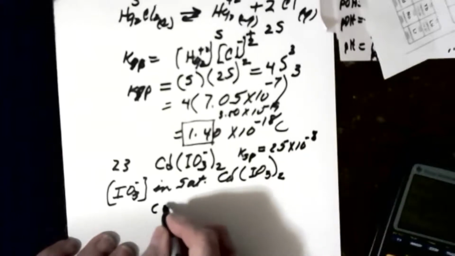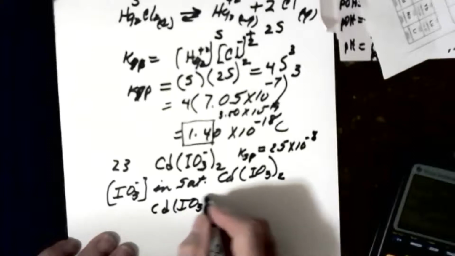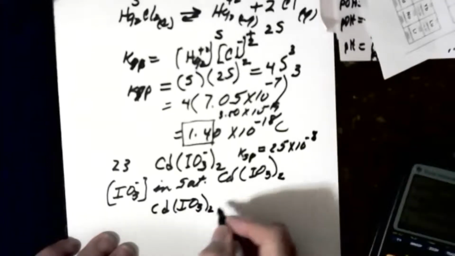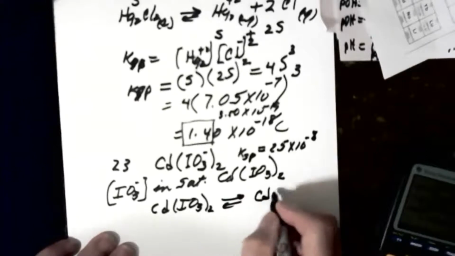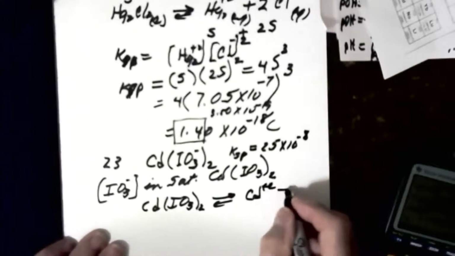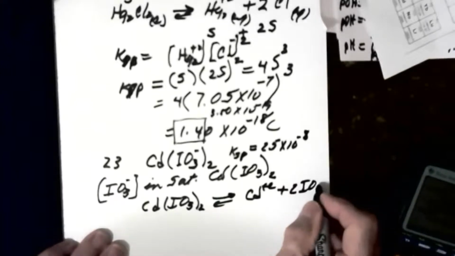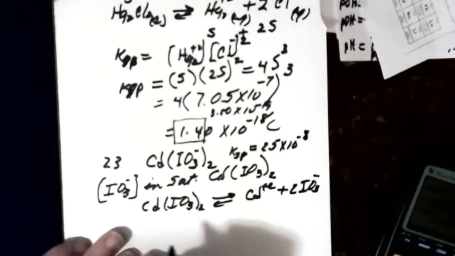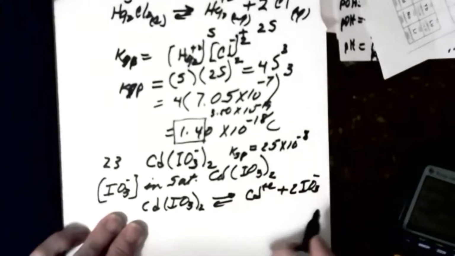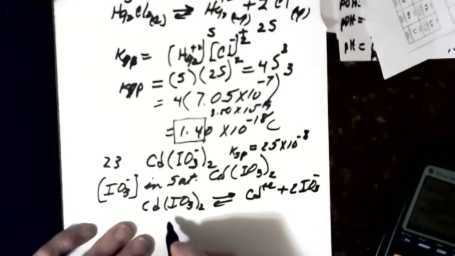So cadmium iodate is going to dissociate to cadmium +2 and 2 iodates. Like that. And we know the KSP, so let's find the molar solubility and just see what we get for an answer going that way.